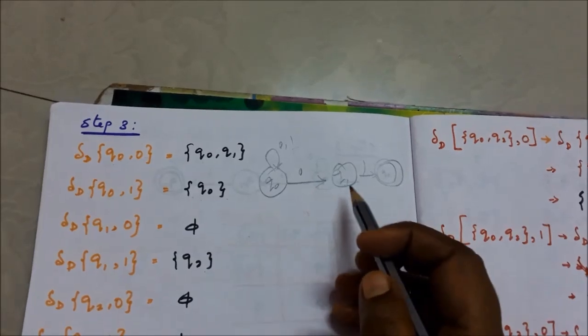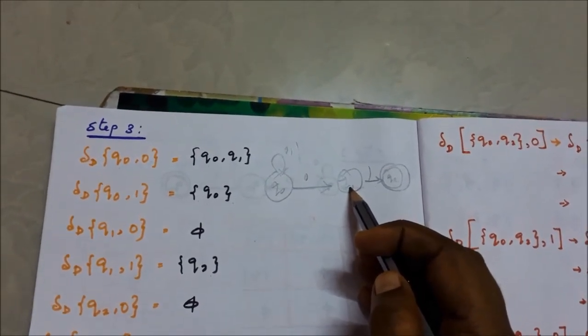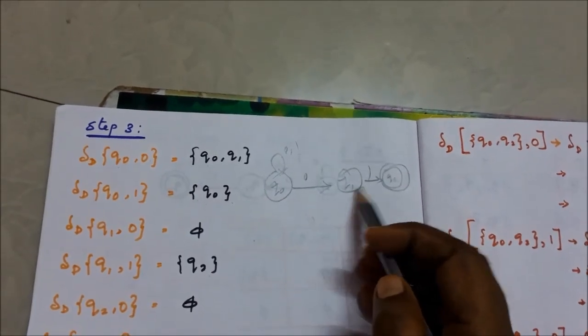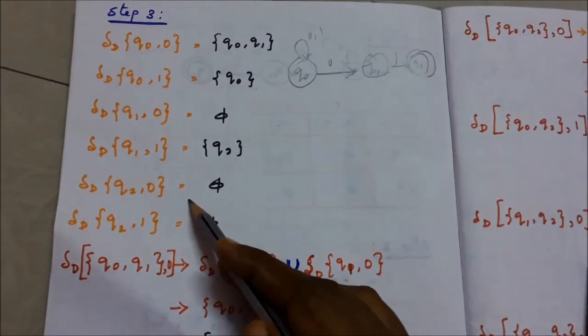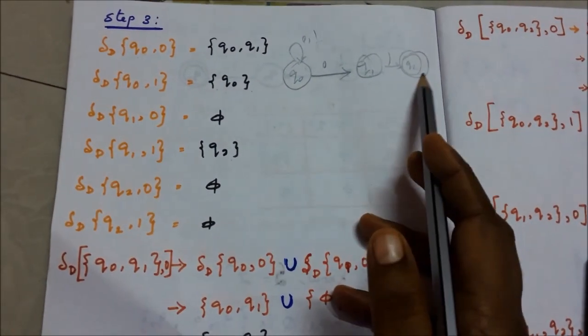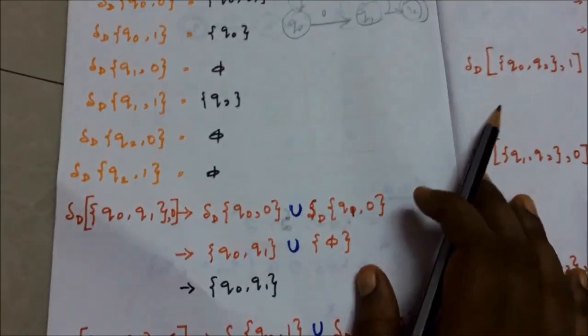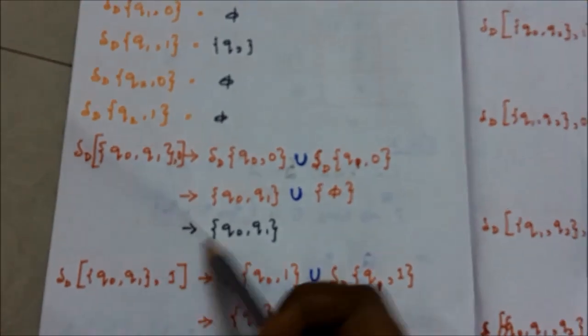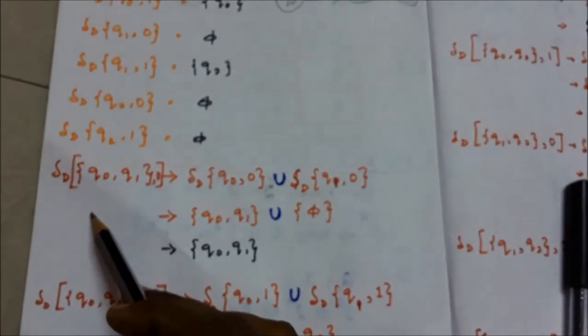If we give 1 as the input to Q1, then we will get Q2. Similarly for Q2 comma 0 and Q2 comma 1, there is no input, so we have mentioned null value. And these are the new states we have found by the combination of Q0 comma Q1.